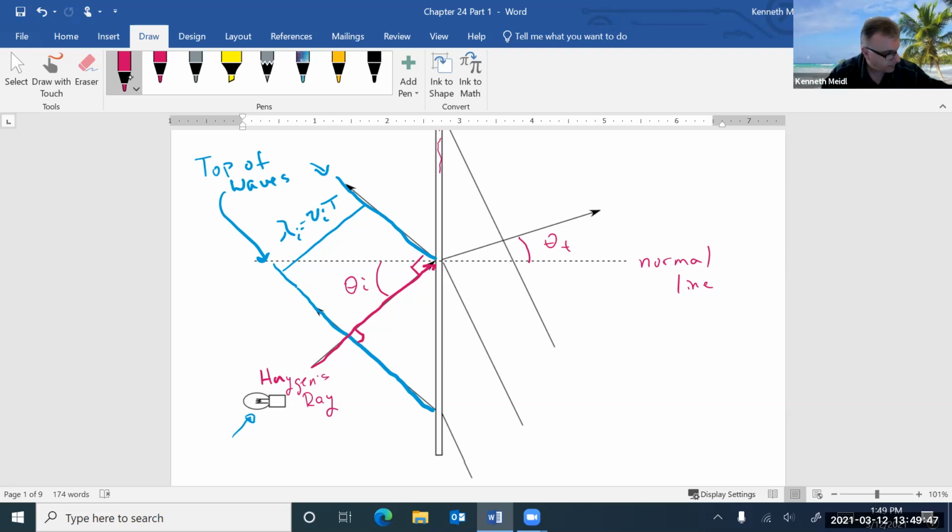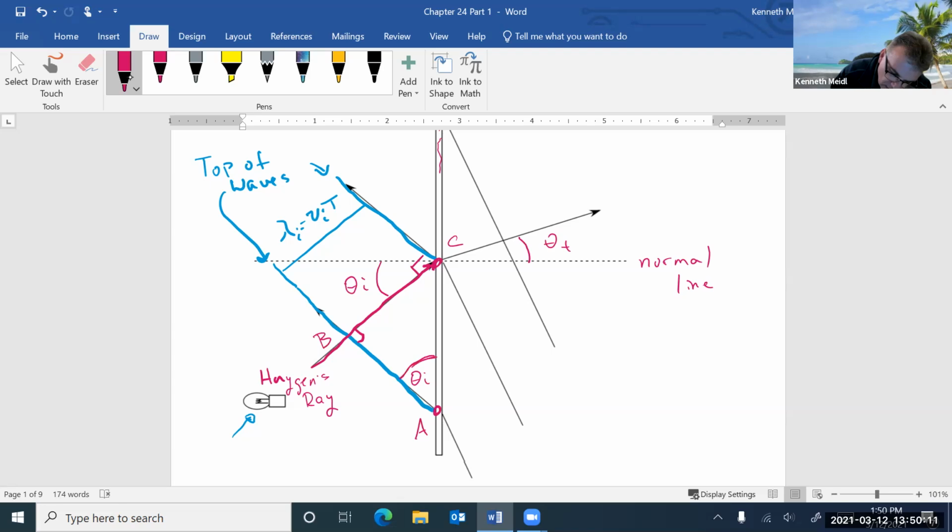I'm going to call this point A, maybe I'll call that point B, and we'll call this point C. If I start doing some geometry, you'll see very quickly that the incident angle is also right here.